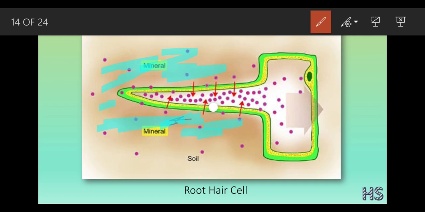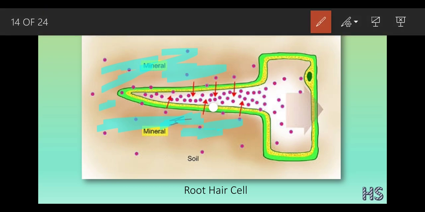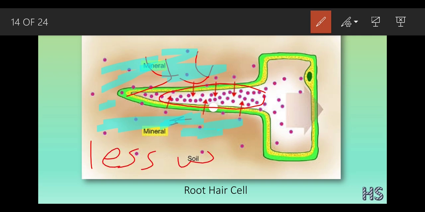This water will tend to move in. Why is it going to move in? Because inside this root hair cell there are more minerals and less water. And what does osmosis teach us? Osmosis teaches us that movement is from the more region.